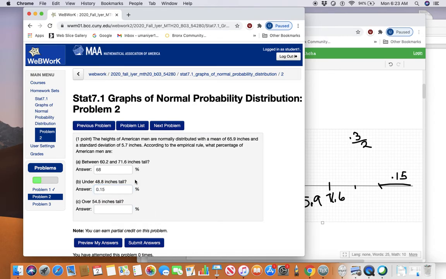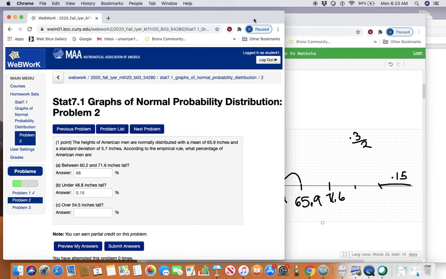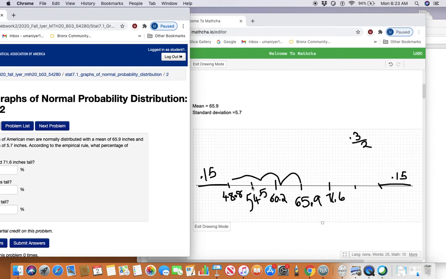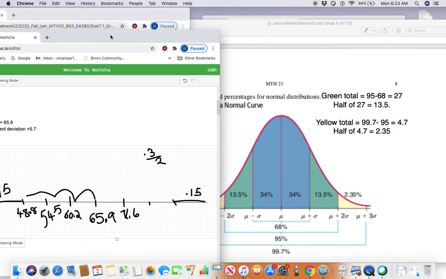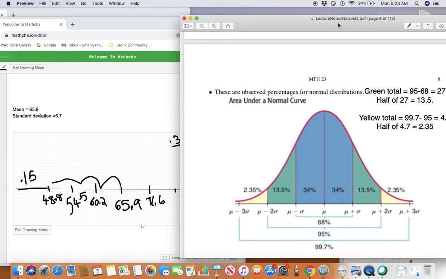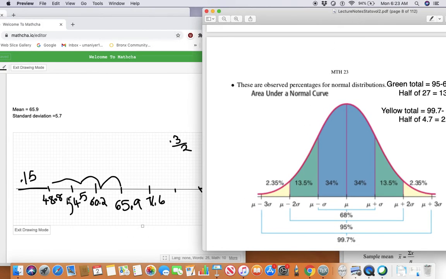Next question, over 54.5. So 54.5 is here, and you want to be above 54.5. 54.5 is 2 standard deviations to the left, so I'm looking at everything above.